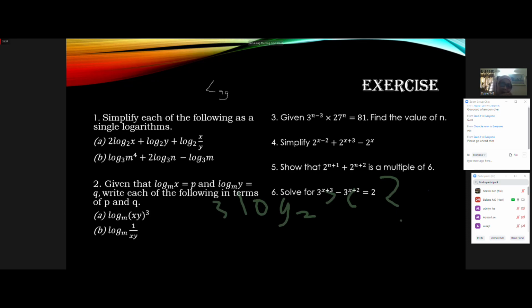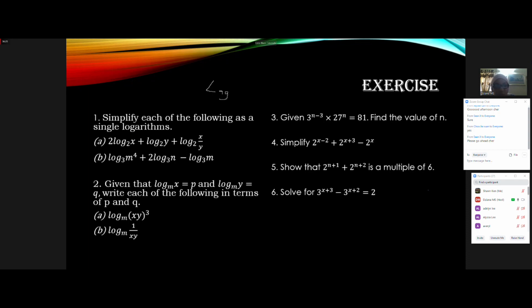What is it? Log 2x. Oh, bring the 3 up, so become power. So the final answer should be log 2x cubed. Okay? All right. For B, bring the 2 up.